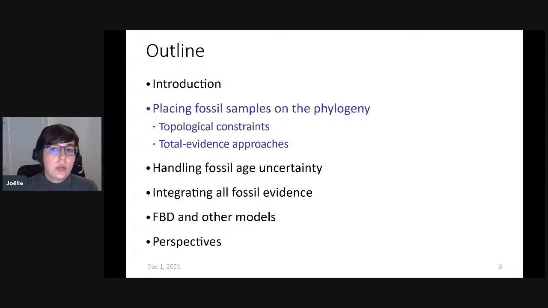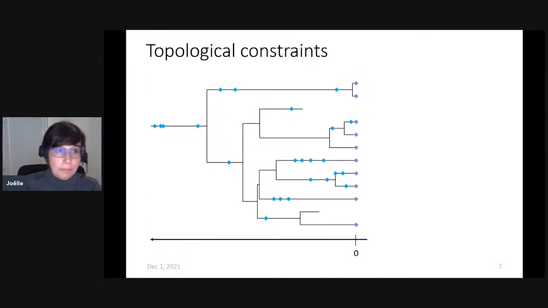But unless you're talking about an ancient DNA analysis, which is not super common, you won't have such molecular sequences for your fossil specimens. So that only leaves you with the fossil ages, and that's obviously not going to be enough to place the fossils in the phylogeny. So that raises the question of how you're going to do that exactly.